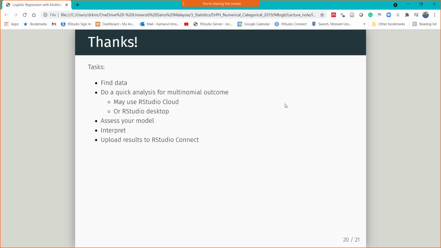Based on my experience, I think students still need to do more practicals to get comfortable with the analysis. So I hope you can do practical as soon as possible.